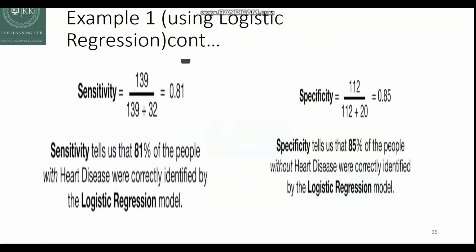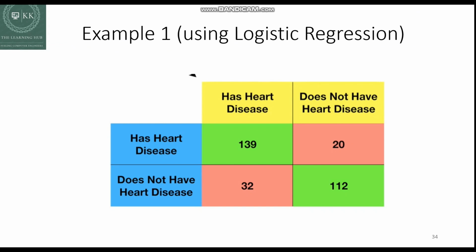So let's solve this example. In this we have these values as true positive, as we have discussed, and these as true negative, false positive and false negative. Let's calculate the values for sensitivity and specificity in this case.